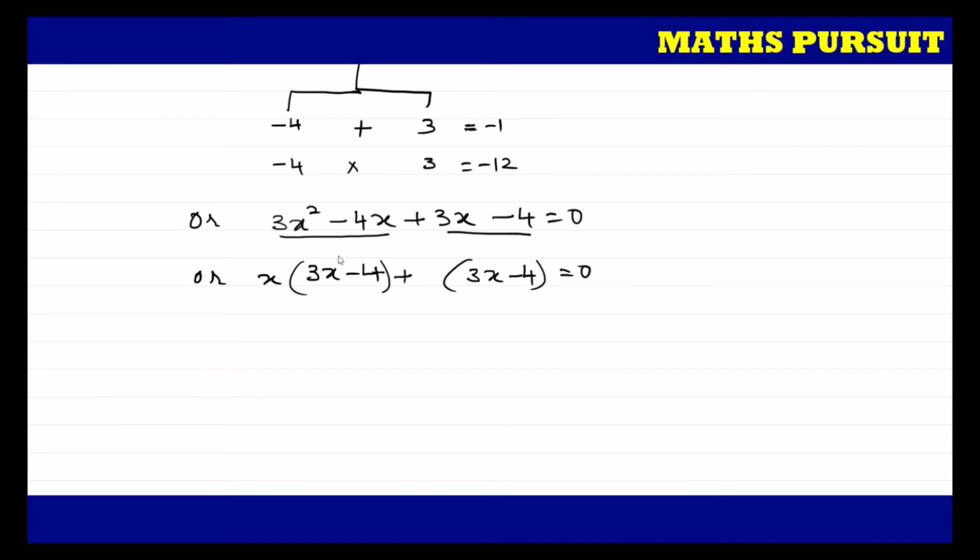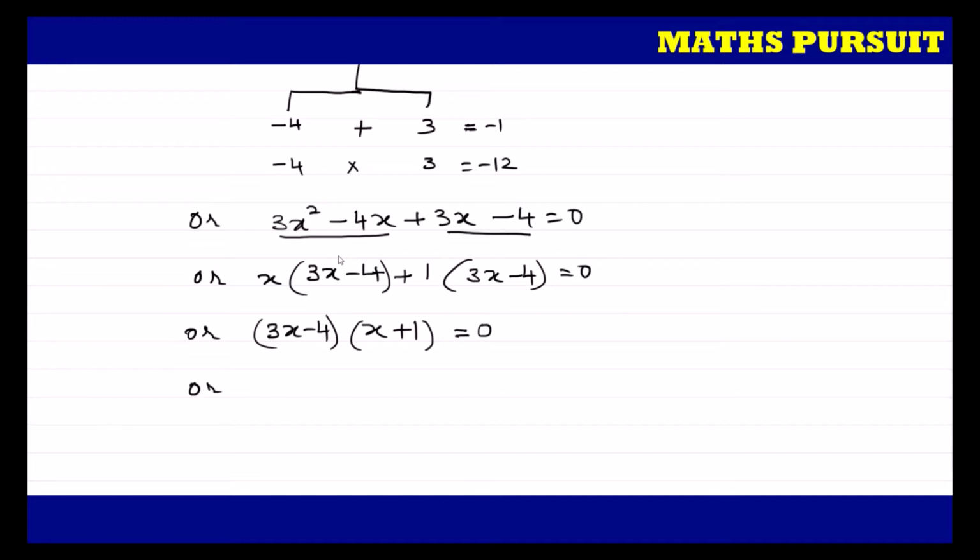That means if I multiply 3x - 4 with +1, we will get 3x and still we will get -4. Or I can write, taking 3x - 4 as common, I am left with x + 1. That means (3x - 4)(x + 1). Hope guys we are very clear and we know how to solve a quadratic equation. So what we got is (3x - 4)(x + 1) is equal to 0.